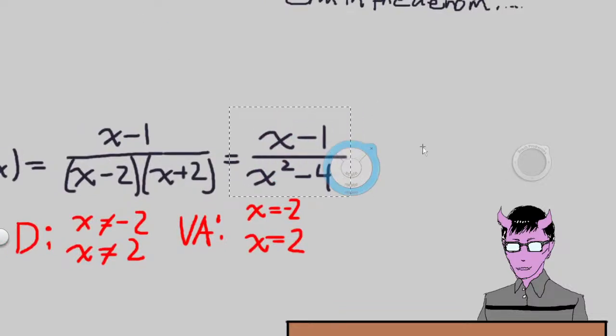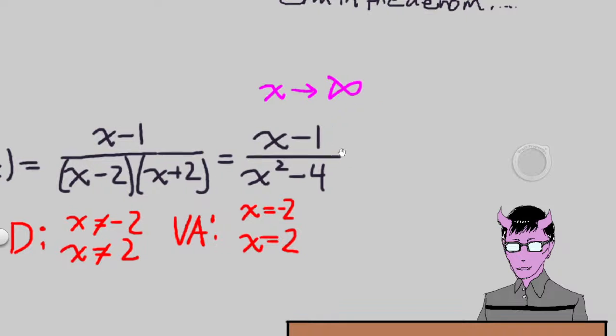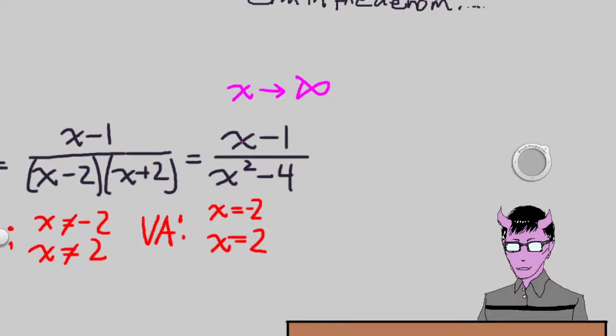We are checking the horizontal asymptote, the long-term end behaviors. So first, we ask what happens when x approaches huge values. This is where it gets a little dicey, because we now have a variable on the top and a variable on the bottom. But in terms of growth, constants are always outgrown.